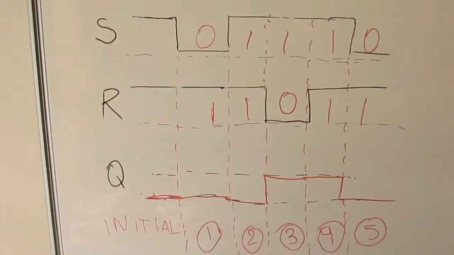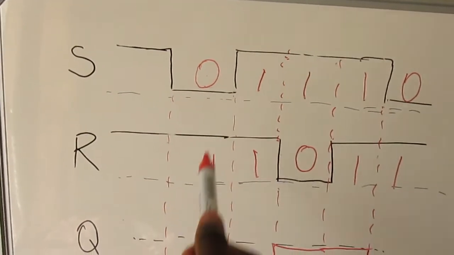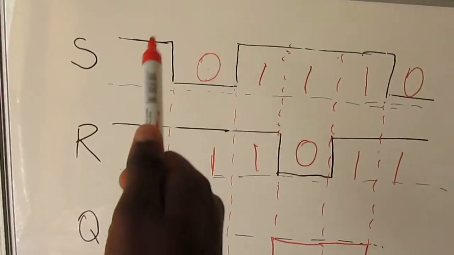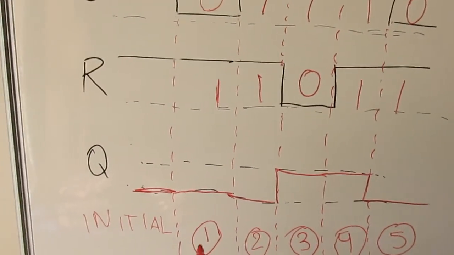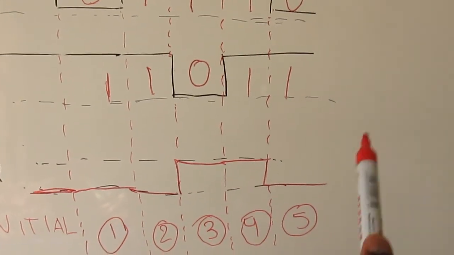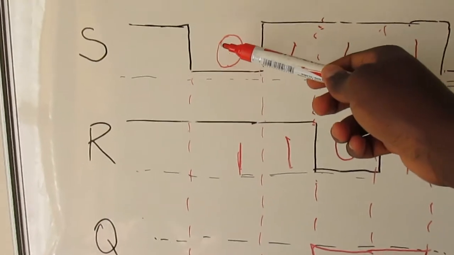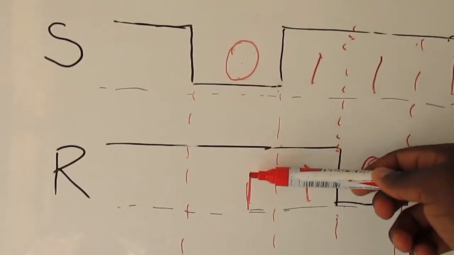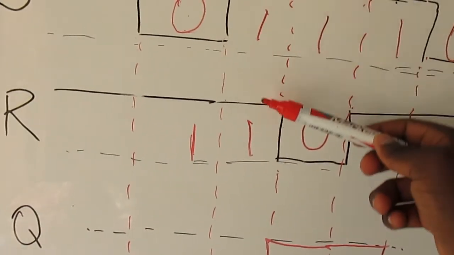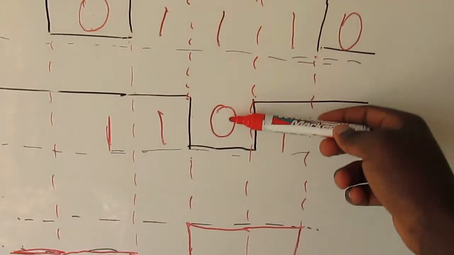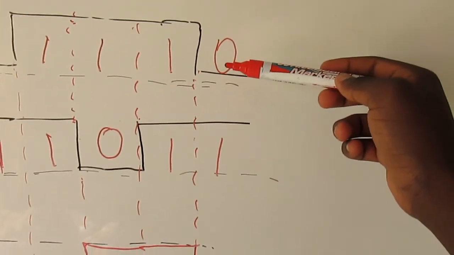The first thing you do is you pick every point where your clock is changing, your set and reset is changing state. So you pick them, and you know the first clock, second, third, and fourth. And then for each clock, you look at your input, which is the SR. 0 1 means what? 0 1 means reset. 1 1 means invalid. 1 0 means set. 1 1 invalid, and then invalid.